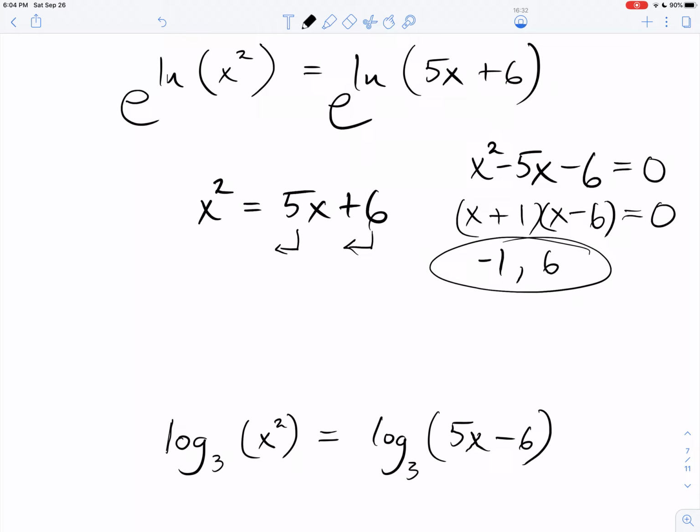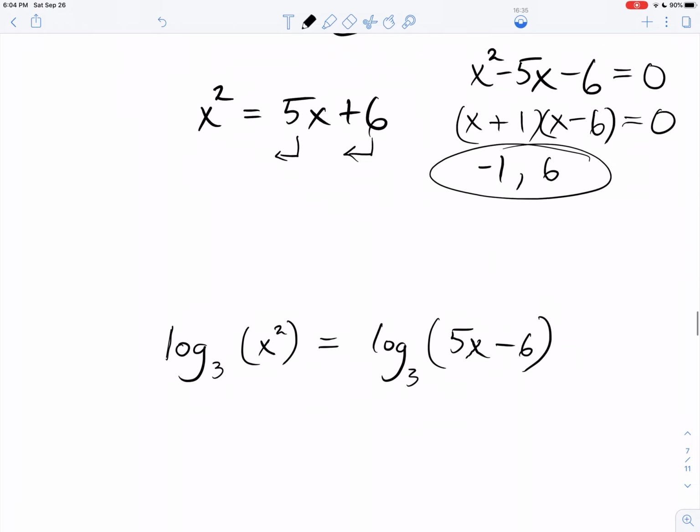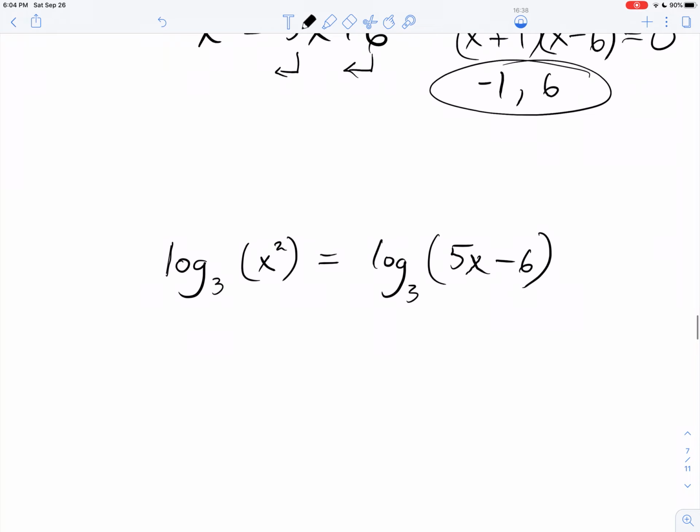So here's my one word of advice. Be real careful when you're working with this kind of stuff, because this time instead of E, I'm doing 3, 3. And what happens? I get x squared. What's it equal? 5x minus 6.